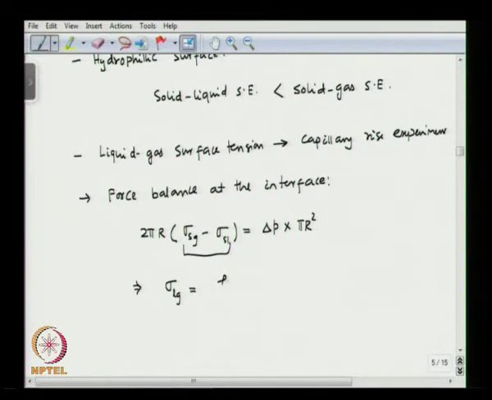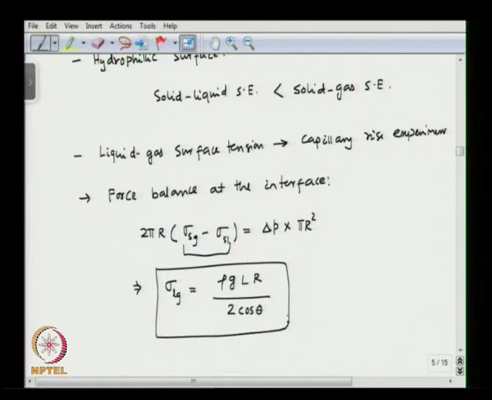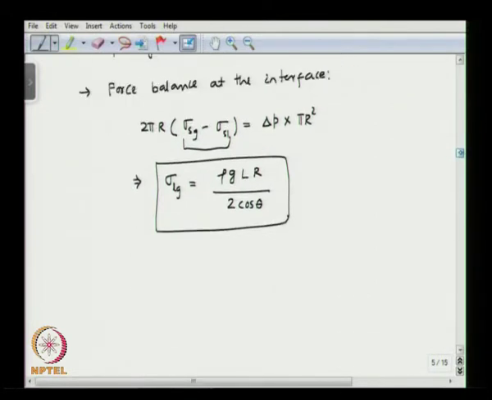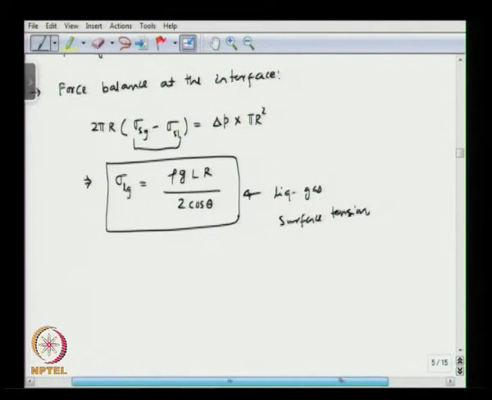So this will be rho g into L into R divided by 2 cos theta. So this is the expression for the liquid gas surface tension.